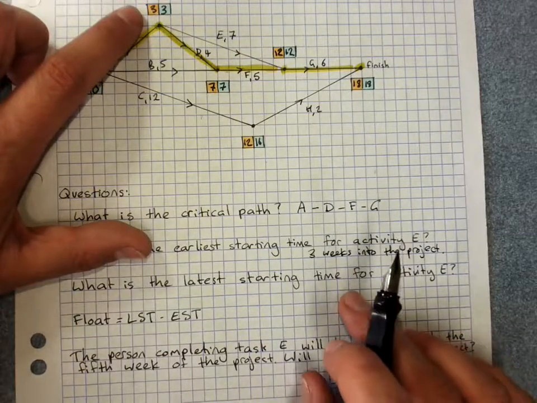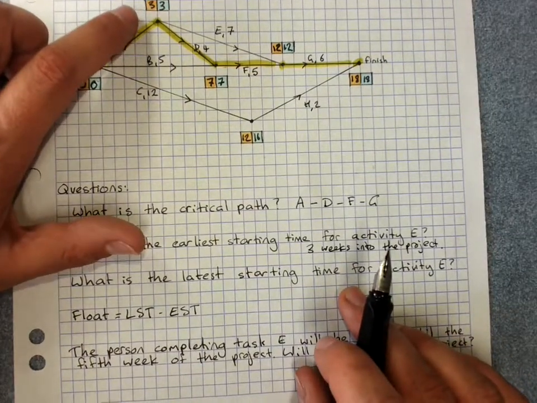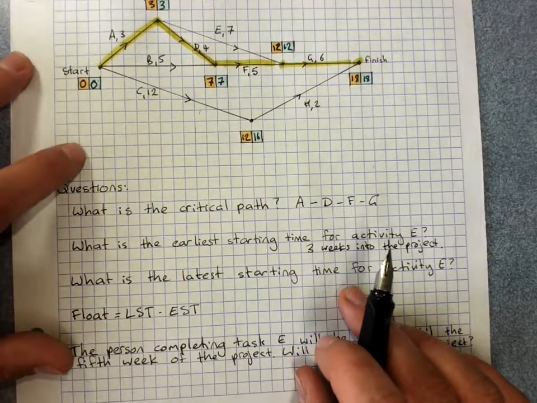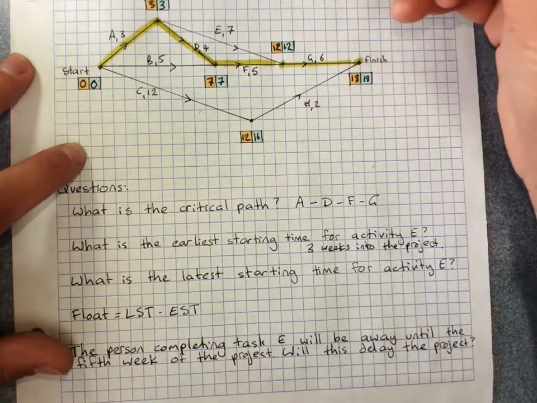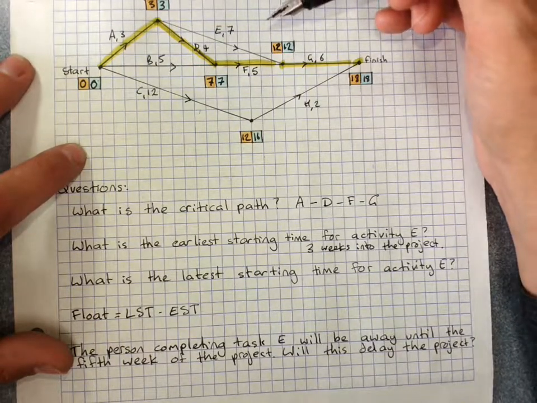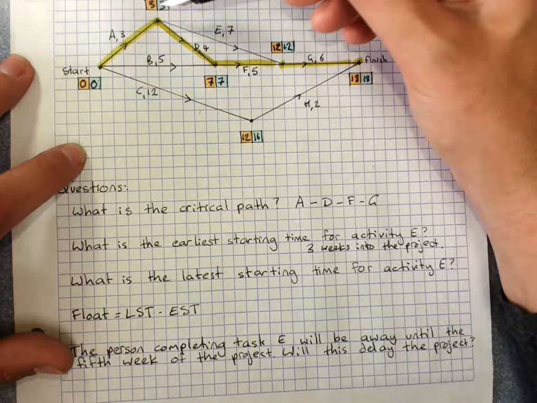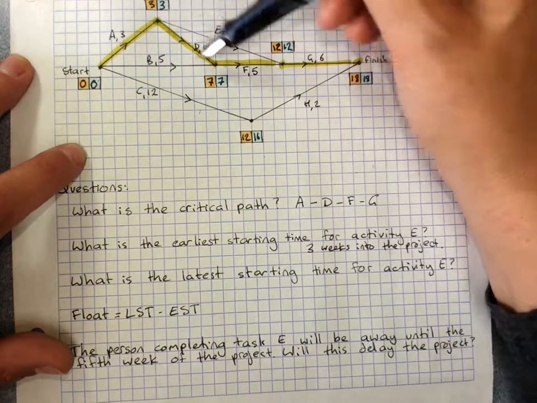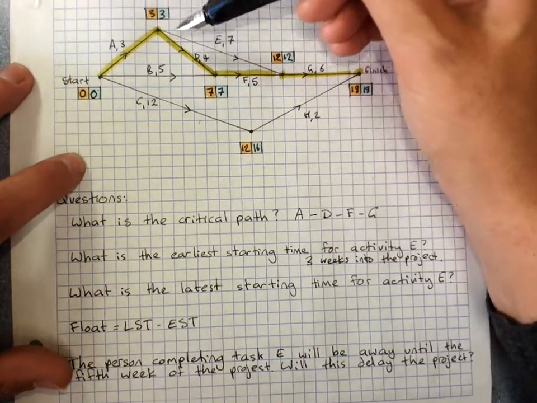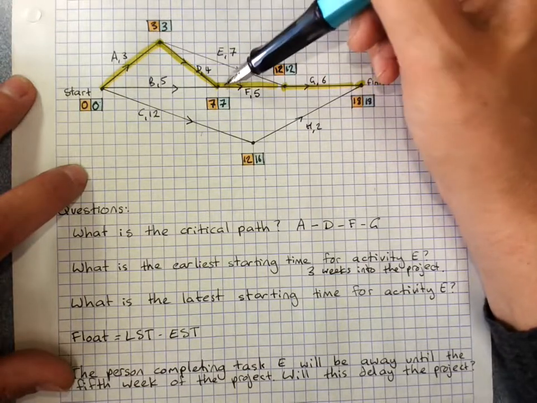The latest starting time for activity E, now, it is, when we've got these two here, because this 3 refers to the latest we can start anything at this vertex.